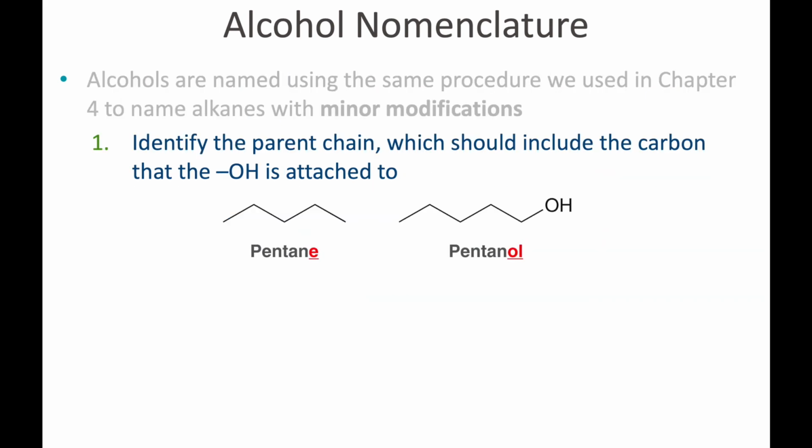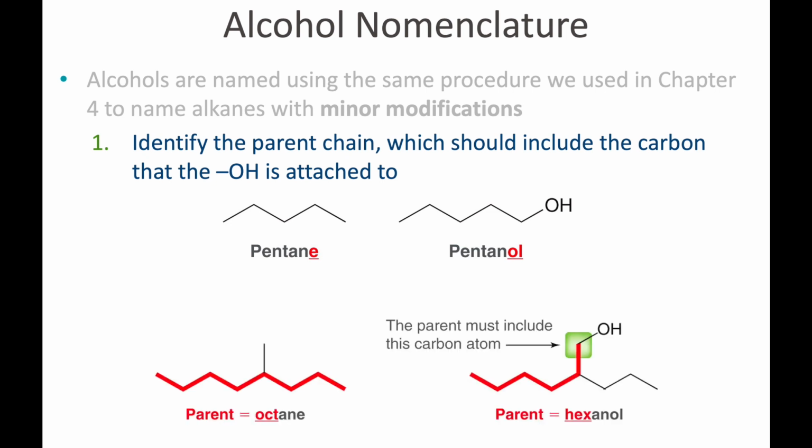So in our first example here, we have pentane, which is a 5-carbon chain. At the end of that chain, if you add a hydroxyl group, it just becomes pentanol. So you drop that E and add that OL. So let's see how we can apply this first rule here. Notice that in the alkane, the longest chain you can draw is 8 carbons, where you have a methyl substituent.